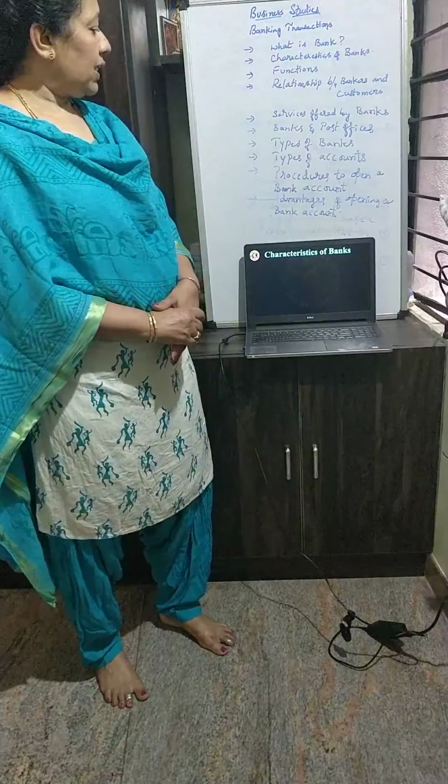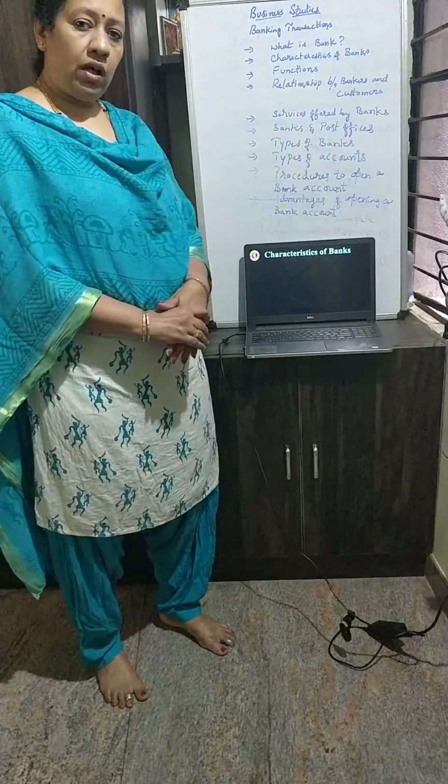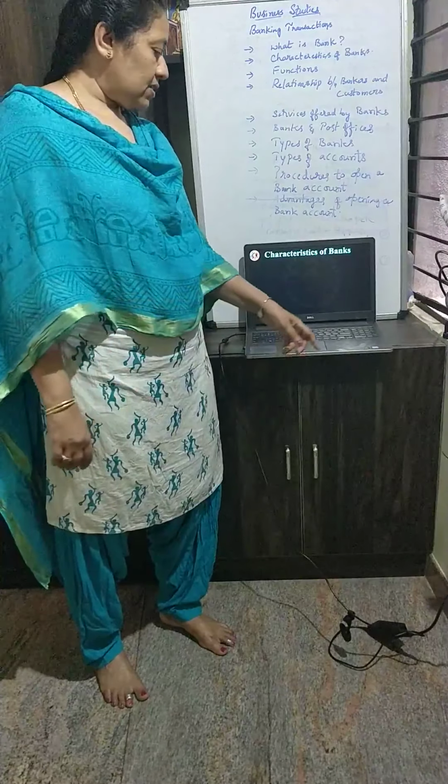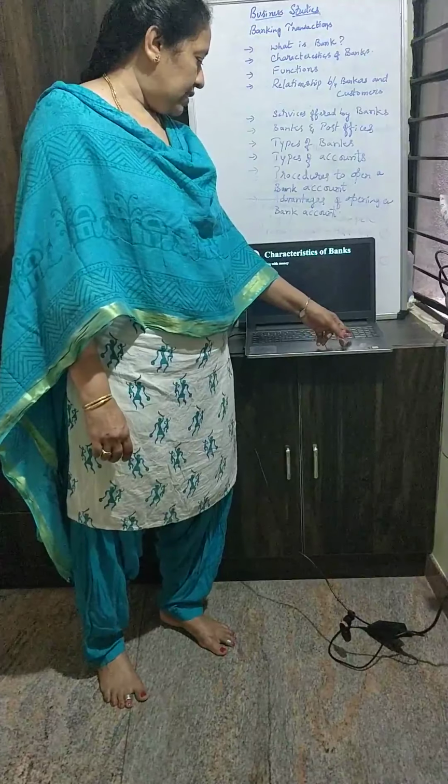Now let us know about the characteristics of banks. This will be asked as a 4-mark or 3-mark question. If you learn the entire lesson, you will be able to understand it easily.